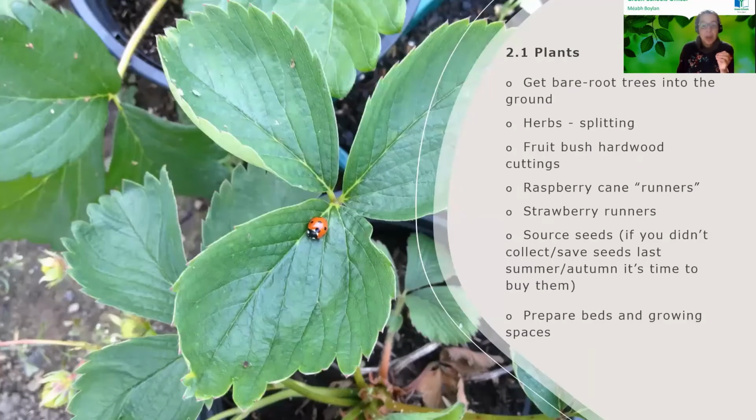So in terms of our plants, this is the time of year to get bare root trees into the ground. So the winter period, once the leaves fall off the trees and before they come back on, is the best time of year to plant trees. When they're young, they're like little whips as thick as a pencil, and you can buy them for relatively cheap at this time of year.